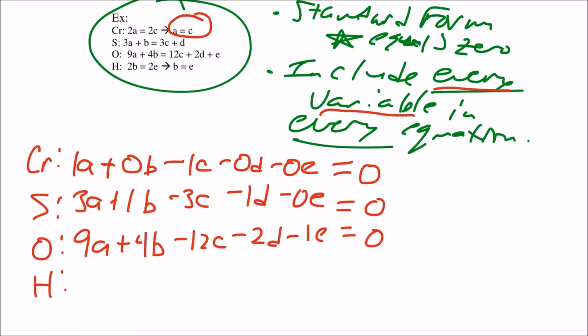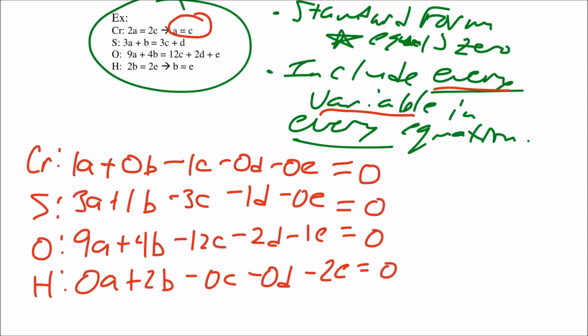And then hydrogen, there's no a, so I'm going to put 0a plus 2b minus 0c minus 0d minus 2e equals 0. Now I could have just put plus 1b and minus 1e, which we could go ahead and do. Let's go ahead and change that to 1s right there, just to keep everything simple. So 1b and 1e.